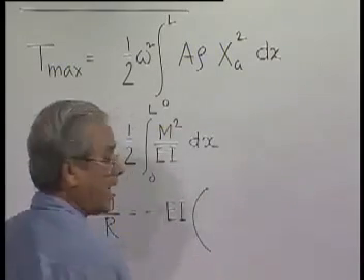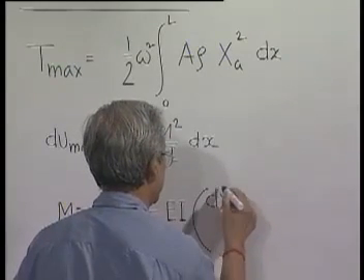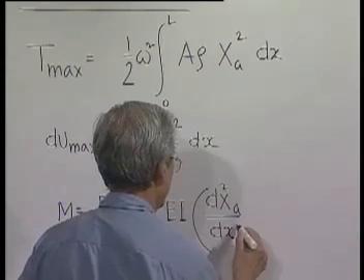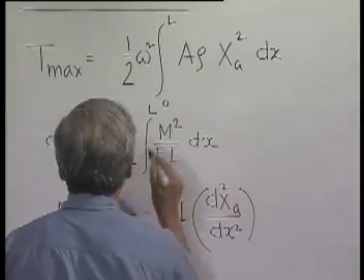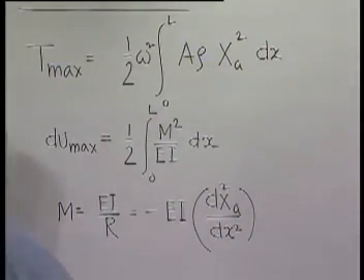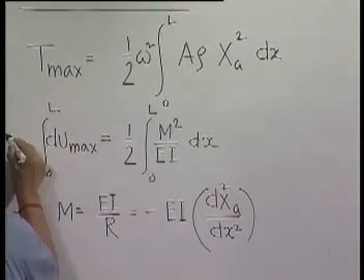And 1 by r we have already derived. Once we have integrated, this becomes U max.